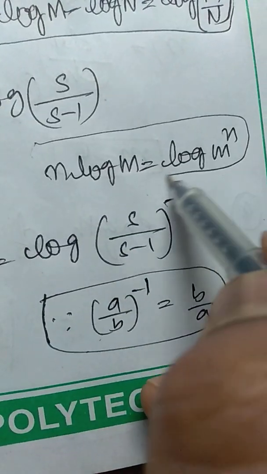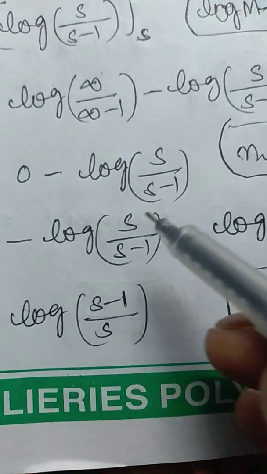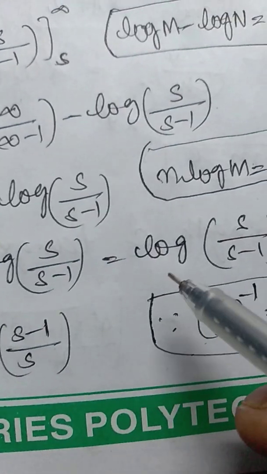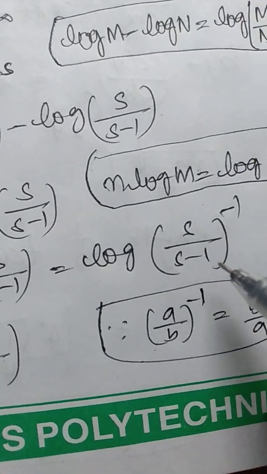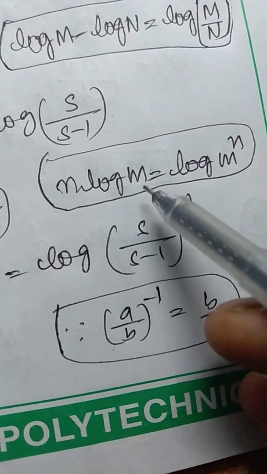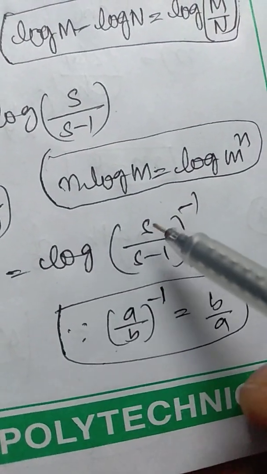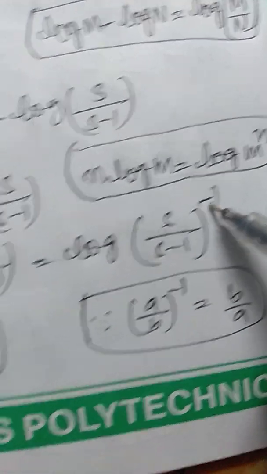This is the formula. Here minus means minus 1, so minus 1 into logarithm of s divided by s minus 1 means logarithm of (s divided by s minus 1) whole to the power of minus 1.